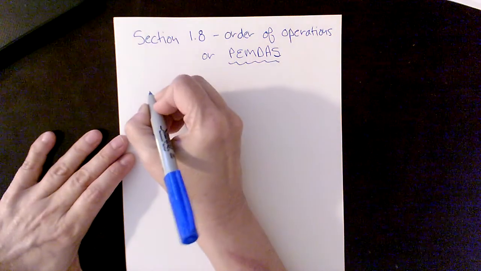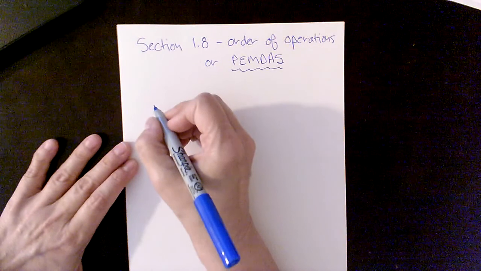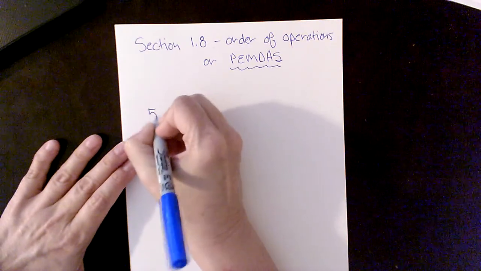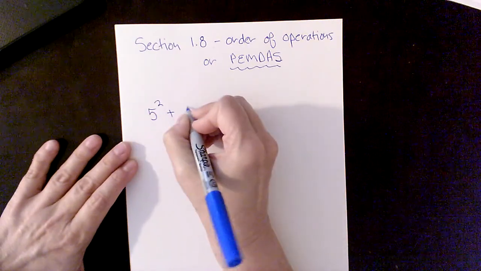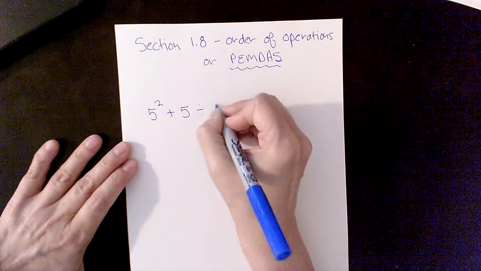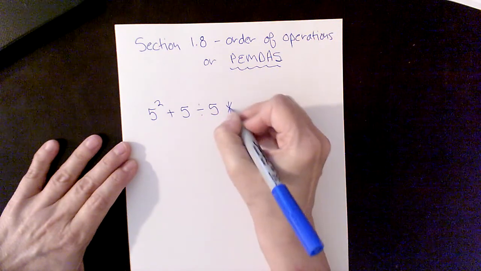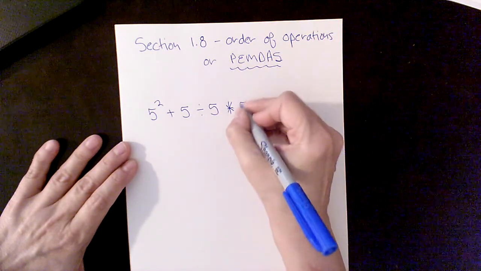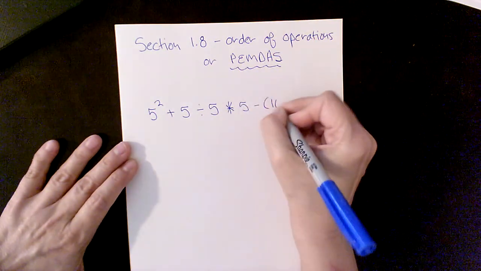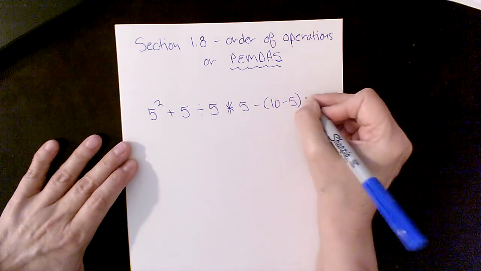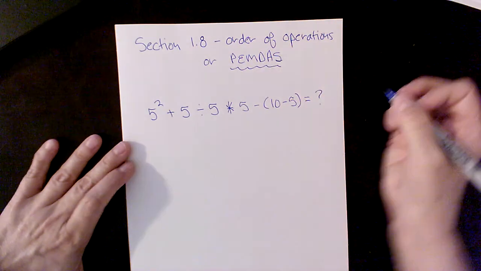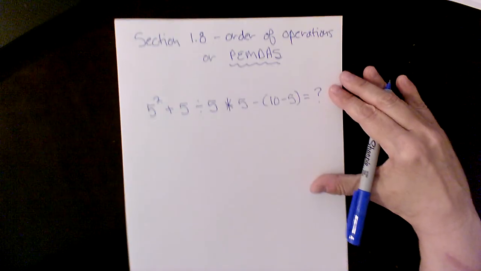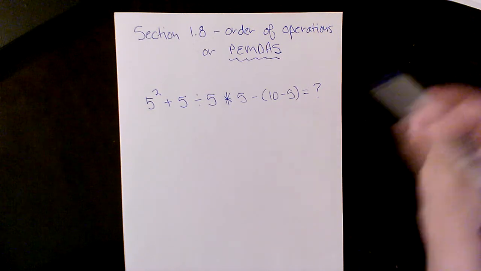So in math, if I'm given a problem, this is times. I'm going to use a star for that. How do I know what to do first?